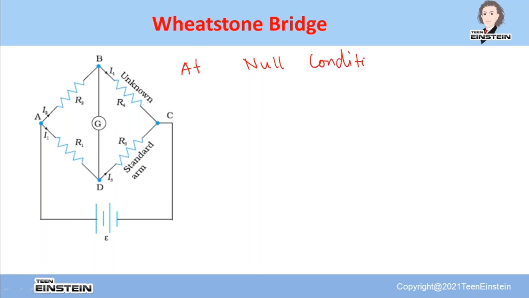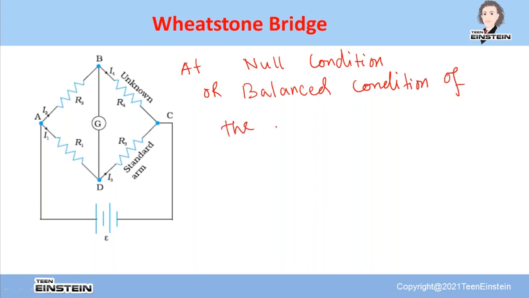In our practical purpose, we will actually work with this bridge at null condition, which is called the balanced condition of the bridge. So what is this balanced condition of the bridge? That is a special case.